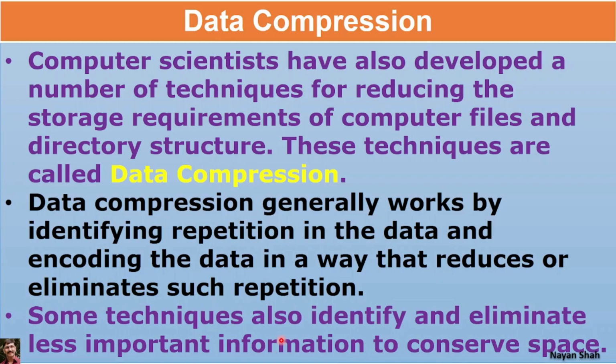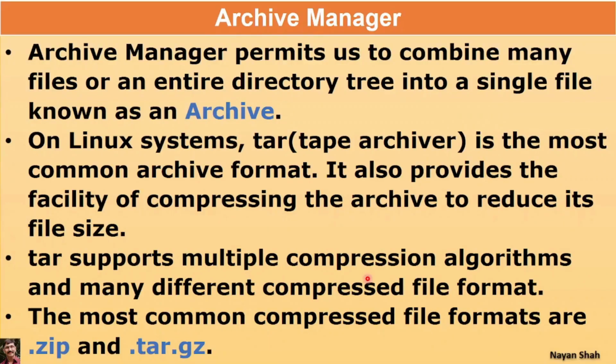So when you download the same photograph from Facebook, you will not get the same quality which you uploaded, because Facebook has reduced it by eliminating less important information from it. So it conserves space. So that is data compression.